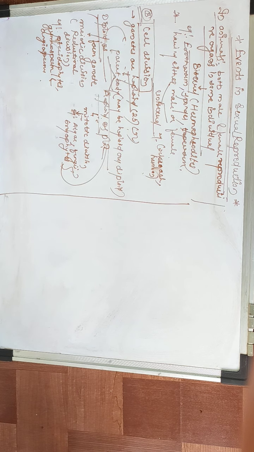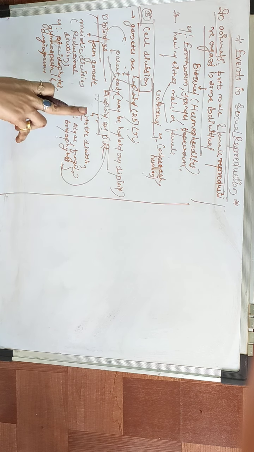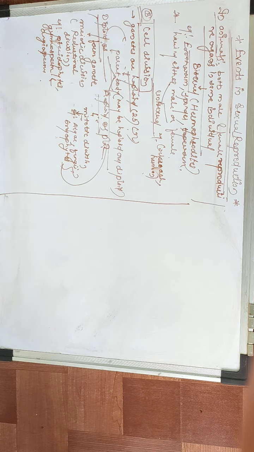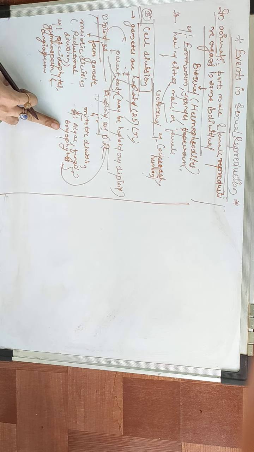So algae, fungi and bryophytes have a haploid plant body, whereas pteridophyta, gymnosperm and angiosperms have a diploid plant body. It means they have a double set of chromosomes and a half set of chromosomes.